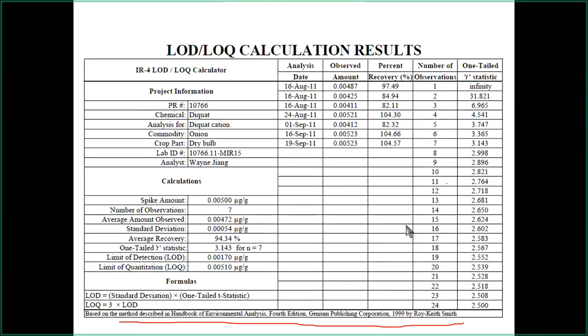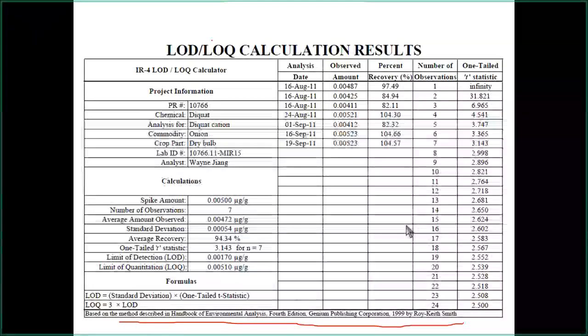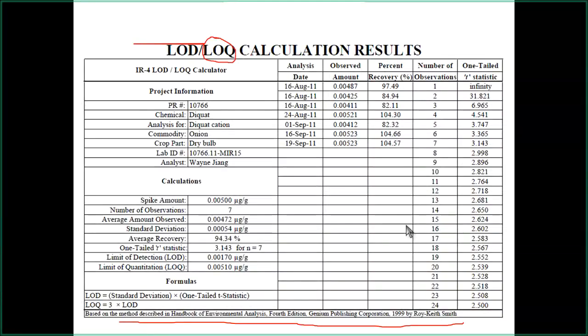Some people may argue your LOQ should be from your instrument analysis, not calculated. Because you spike something, your instrument can read it, then that's good. But this is calculated based on statistical results. So this is different. It depends on how you say it, because by definition, LOQ is what you can read back.